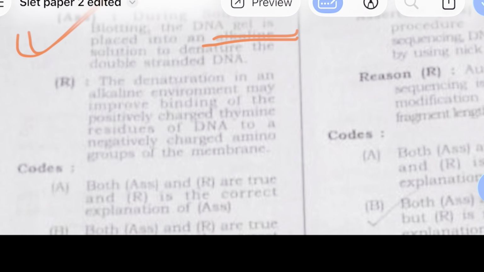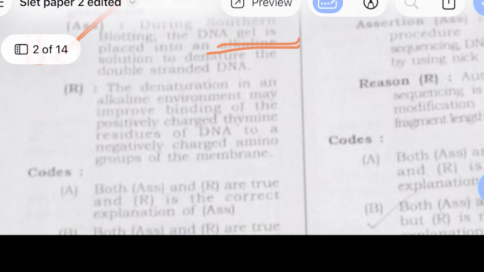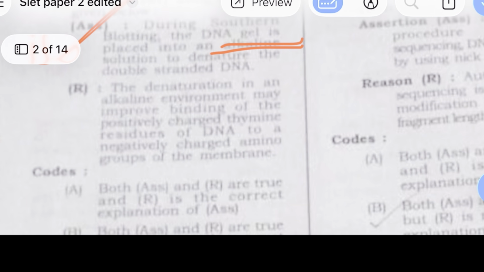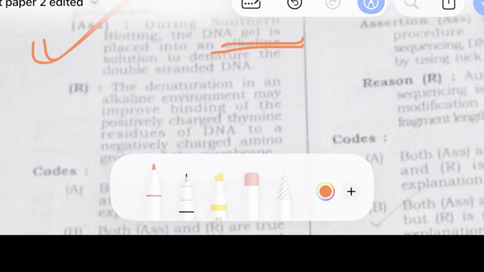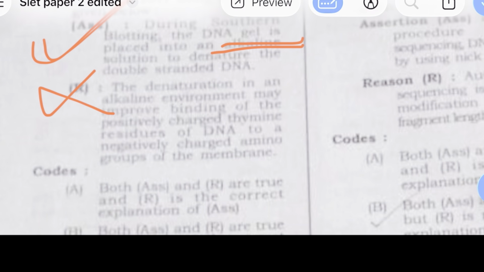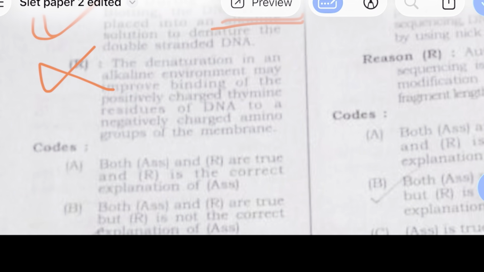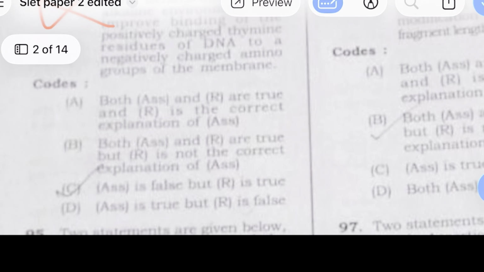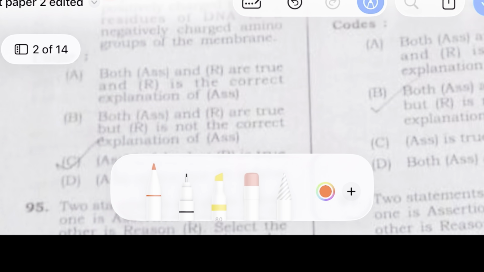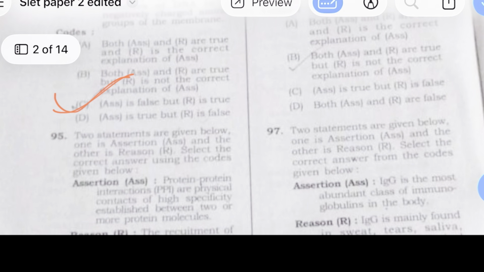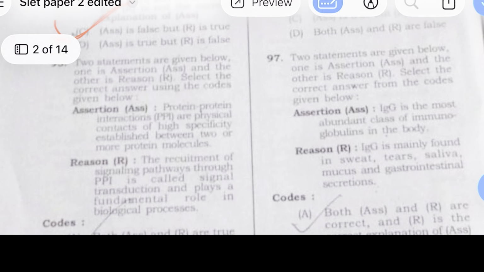No, it is not true. Actually, this is not because of the alkaline environment. The binding is because of the negatively charged DNA and the positively charged molecules. So assertion is true, reason is false. The correct option will be option number D. Assertion is true, but R is false. I'm sorry, it's not option number C.